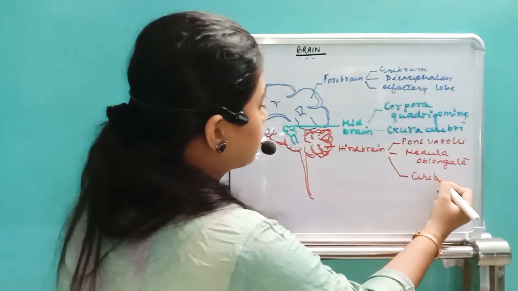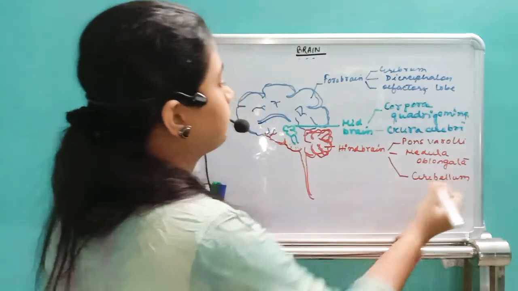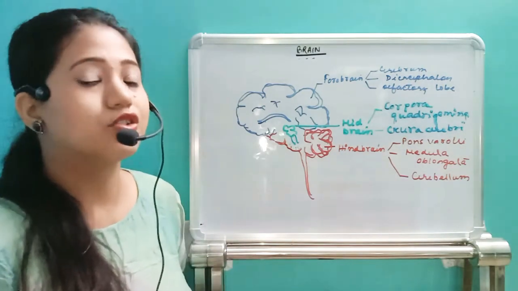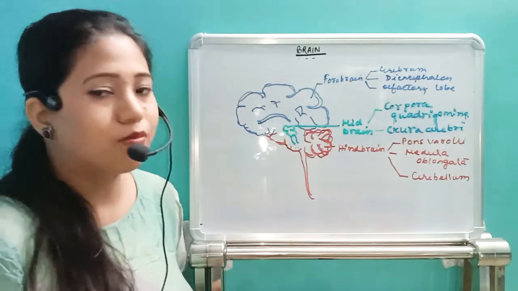So it is called as cerebellum. Okay, so this is the structure of brain roughly from outside.